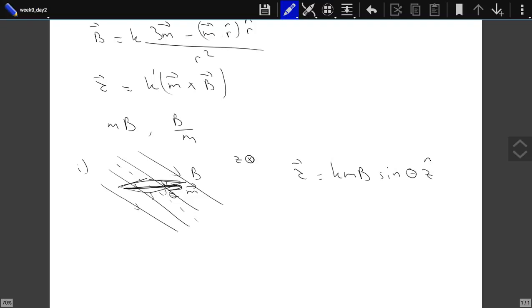Sine theta in the z direction. Whereas the angular momentum in the z direction, let's say, is, let's call I this moment of inertia times alpha. What is alpha? Angular acceleration.